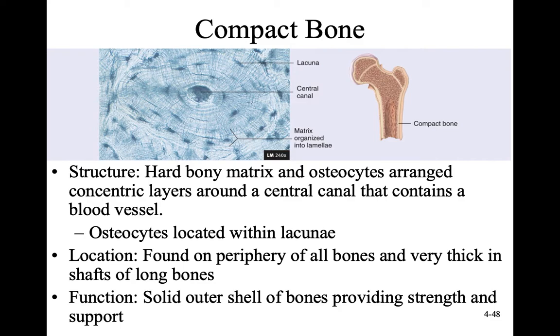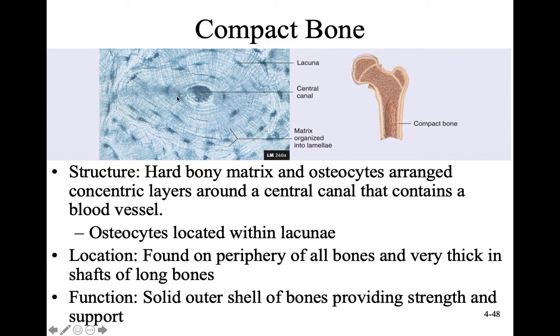But within this, we again have this hard hydroxyapatite matrix that is made of collagen as well as the calcium and phosphate, and it is laid down actually in layers. So we can kind of see concentric circles going around and around our central canal. This central canal is actually a blood vessel, so we're carrying the nutrients through this central portion.